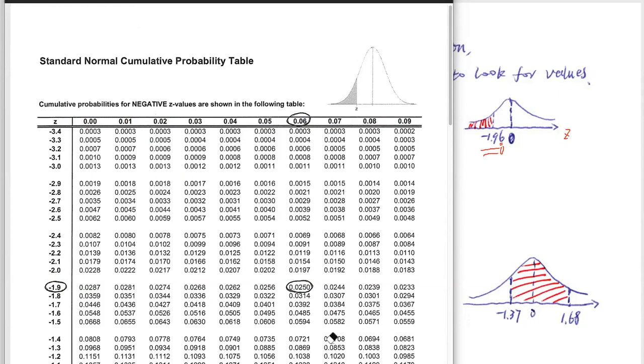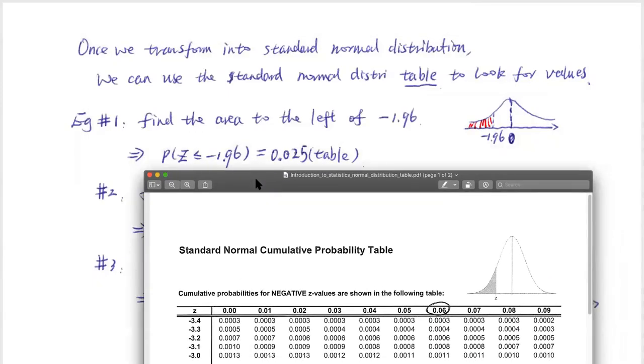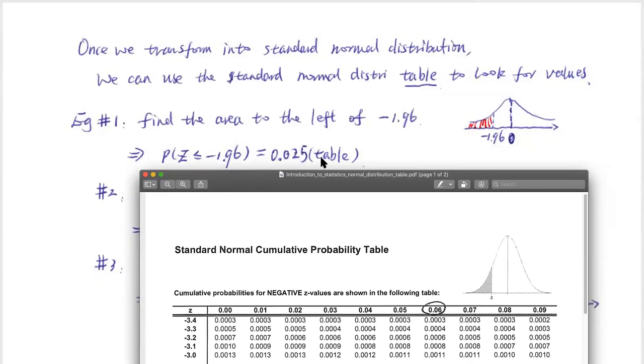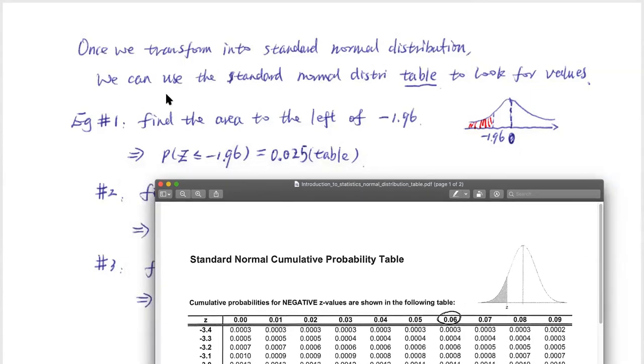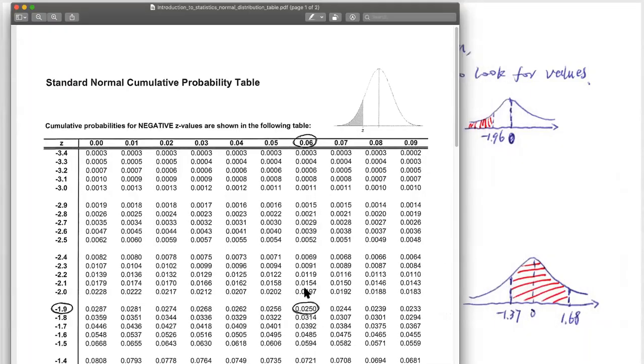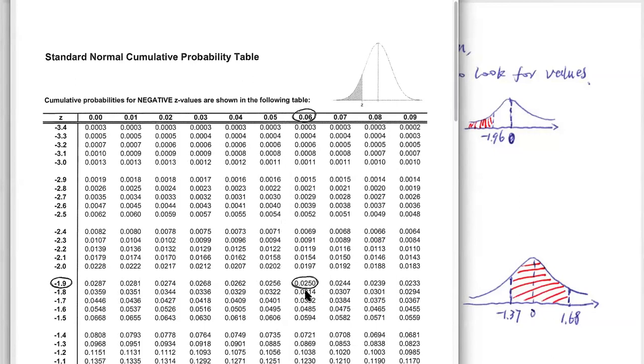In human language, that's 2.5%. What does that mean? That means the highlighted area here is equal to 2.5%. That's the reason you see I have 0.025. It's very, very important. You see that one, I highlighted that for you. That is one of the examples here.